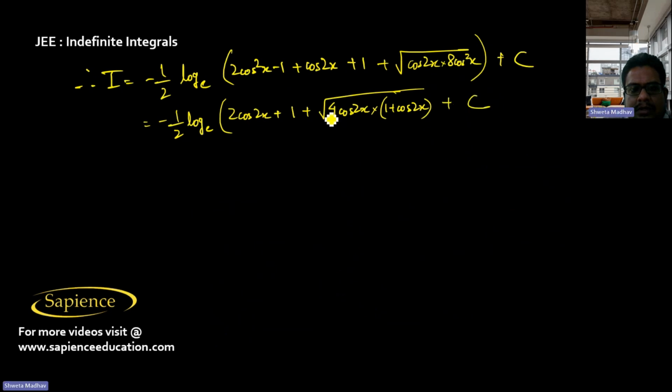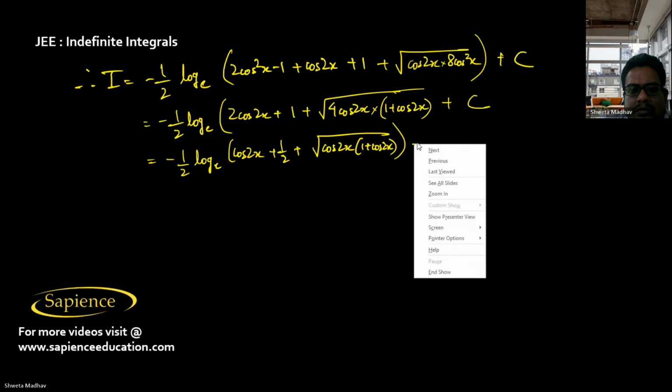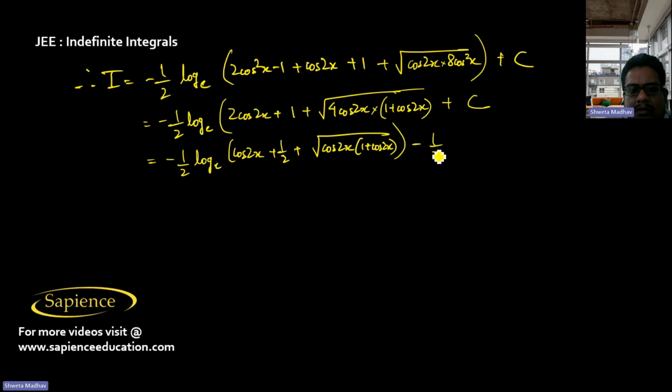Now from here, 2 I can take as common outside, so minus half of log base e of cos 2x plus half plus square root of cos 2x into 1 plus cos 2x, plus ln 2. So this will be minus half log base e 2 plus c, which is also another constant.